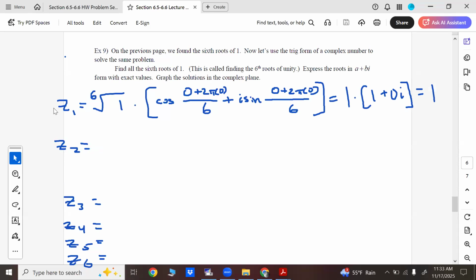Okay. Same thing again. The 6th root of 1 times cosine. So now I'm going to do 0 plus what? Plus 2 pi.